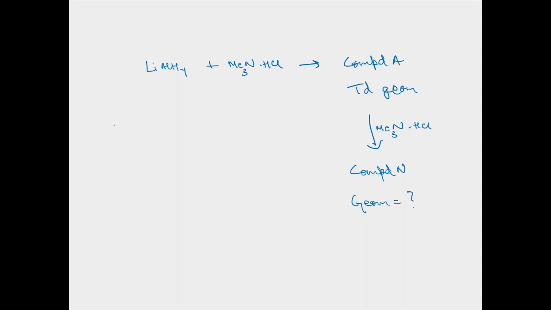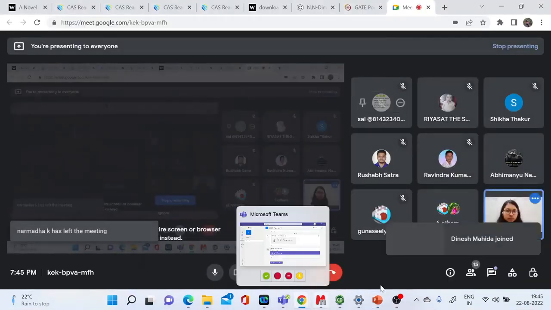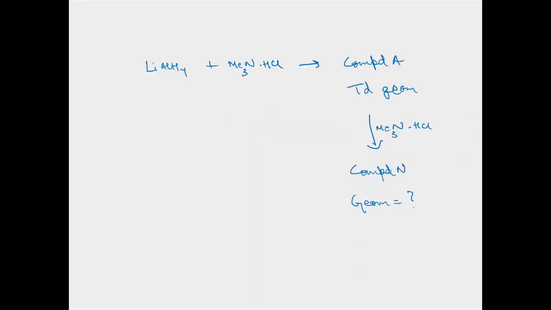What happens in this type of case is, if we consider BH3·NMe3 type of complex, adduct formation will take place.